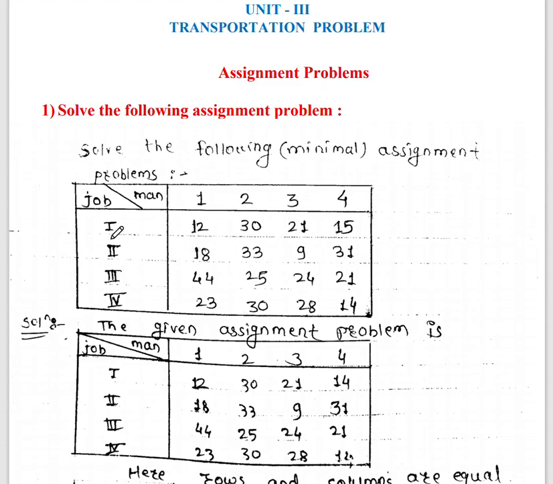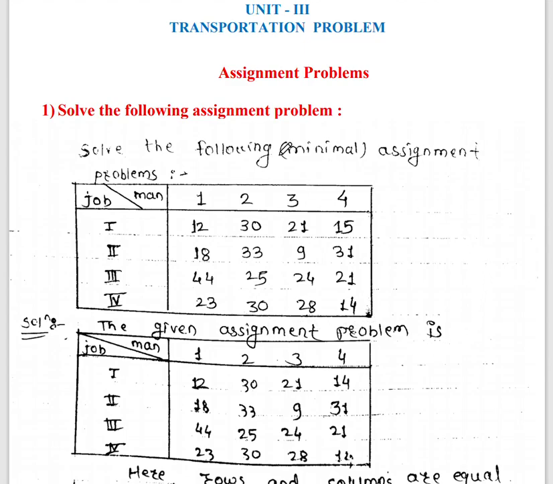So the first job: 12%, 30%, 21%, 15%. Second job: 18%, 33%, 9%, 31%. Third job: 44%, 25%, 24%, 21%, and fourth job: 23%, 30%, 28%, 14%.